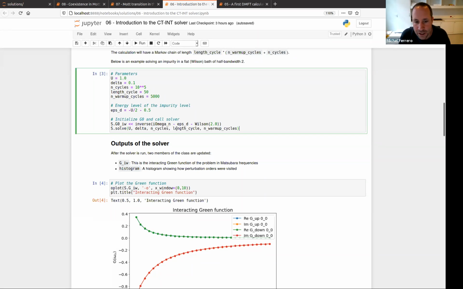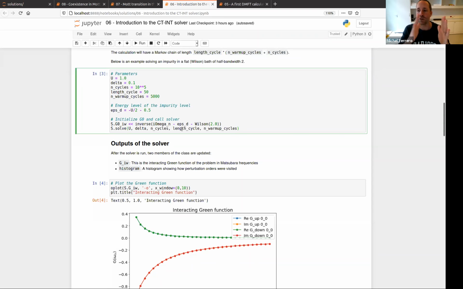Length of a cycle tells you how many steps you're doing between two measurements. So typically when you do Monte Carlo, you only make small changes at a time. And so if you measure all the time, configurations are very correlated, and in a sense it doesn't bring more information to measure all the time. And the measurement itself can take a bit of time.